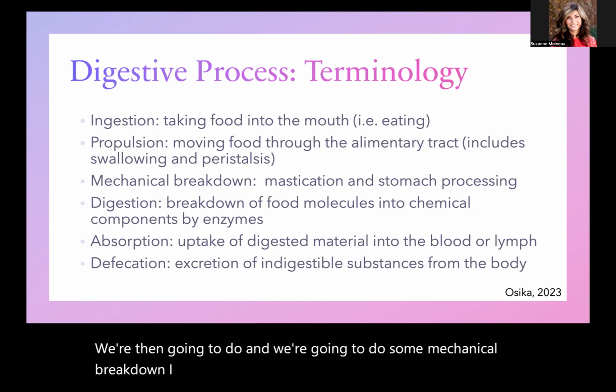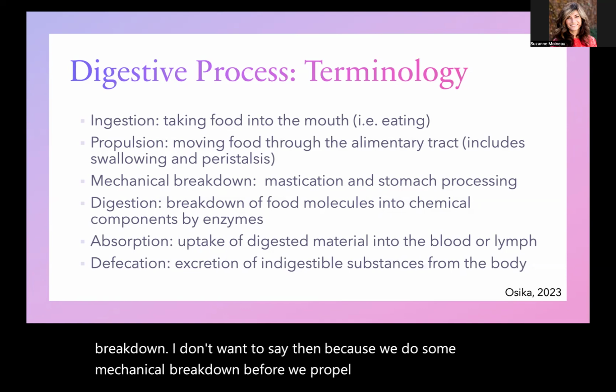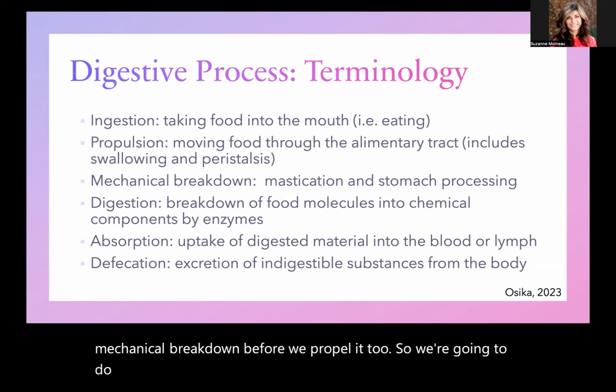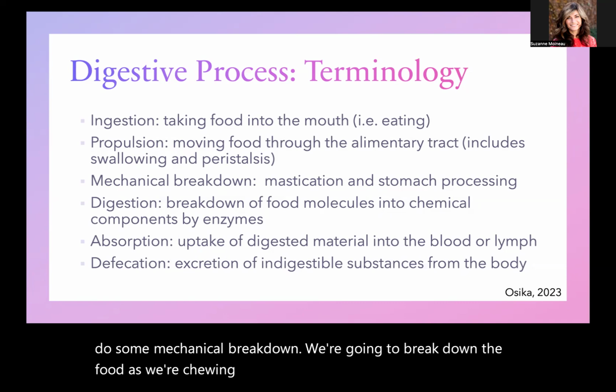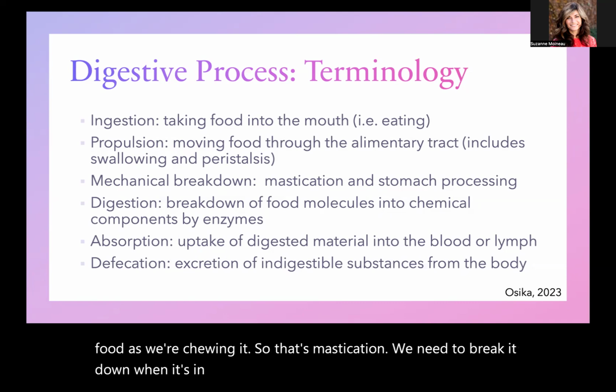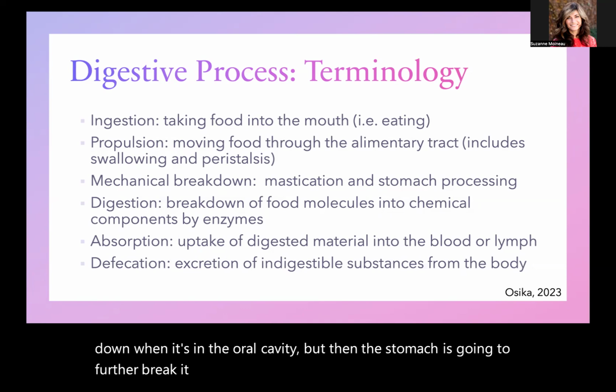We're also going to do some mechanical breakdown. I don't want to say then, because we do some mechanical breakdown before we propel it too. We're going to break down the food as we're chewing it. So that's mastication. We need to break it down when it's in the oral cavity. But then the stomach is going to further break it down mechanically so that we can then use it for fuel.